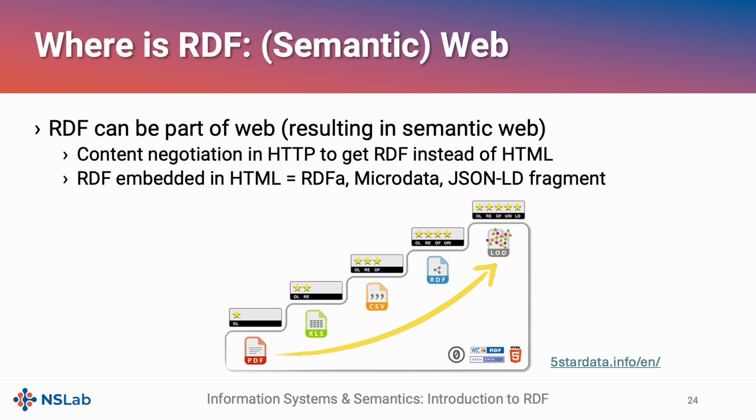Then if you have a machine-readable format, you get 2 stars. If the format is open, meaning the specification of the format is open, it's 3 stars. If you are using resource identifiers inside your data, you get 4 stars. And then if you are linking with other data, you get 5 stars. You can visit the site for more information, which may be useful, especially if you are into semantic web and open data.